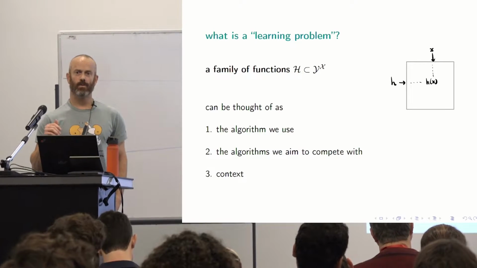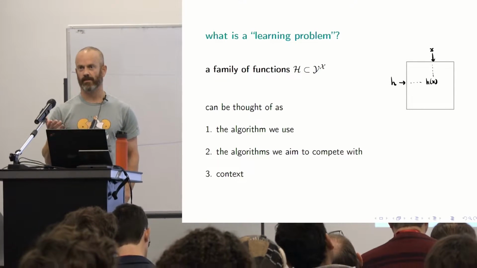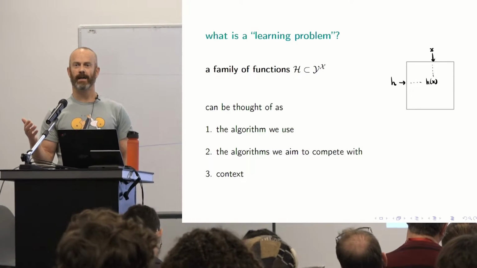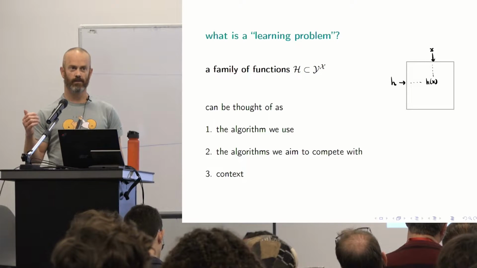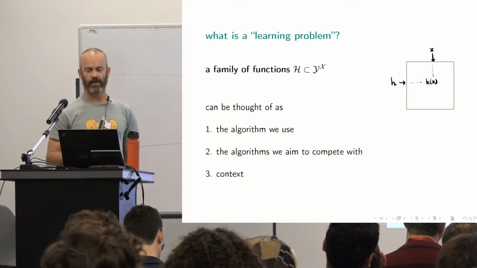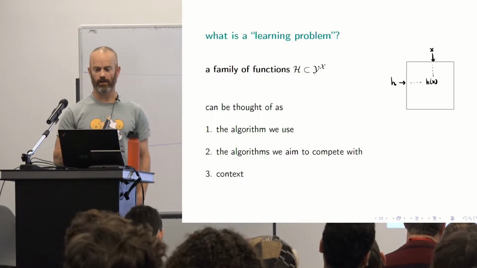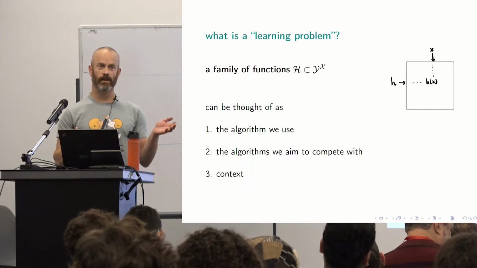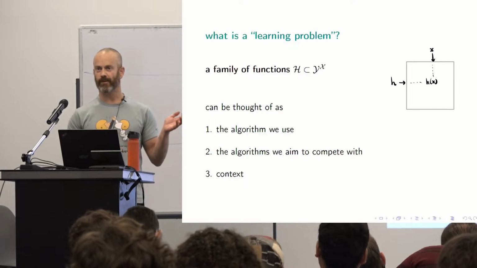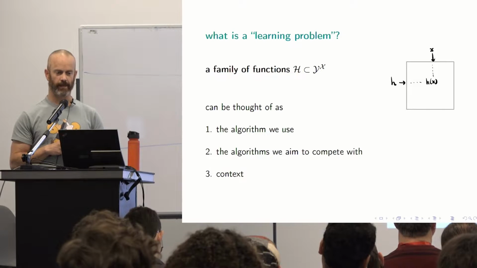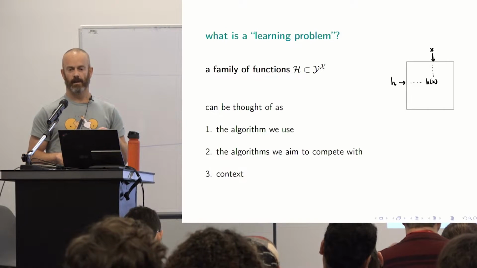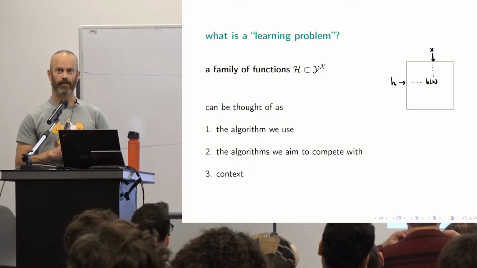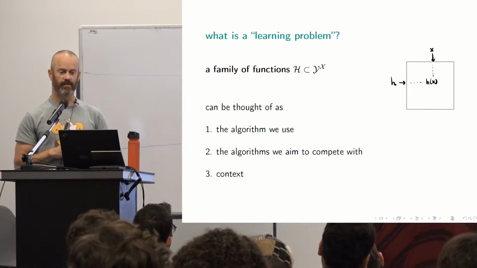And now the first definition, which is a choice: what do we mean by a learning problem? So in this talk, and this is a standard choice, we are going to think about a learning problem as a collection of functions, which I will denote by H. And there are a few ways to think about this collection of functions H. It is sometimes called the hypothesis class.